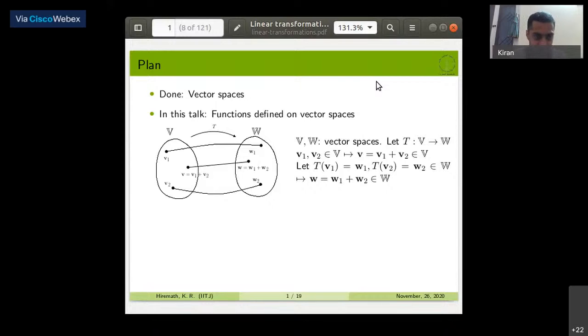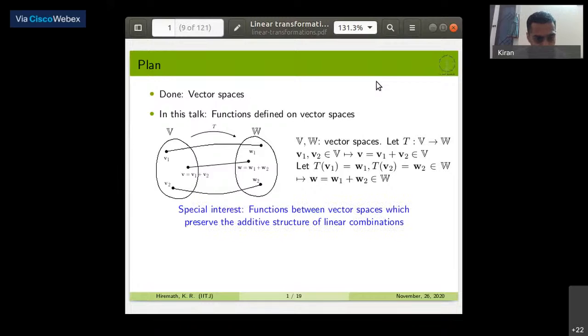I want some logical structure that connects the combination operation in V with the linear combination operation in W. So our specific interest is in those functions between vector spaces which preserve the additive structure of linear combination. Lots of choices to define these functions, but we are making a very special choice. A choice of studying those functions which preserve this additive structure.